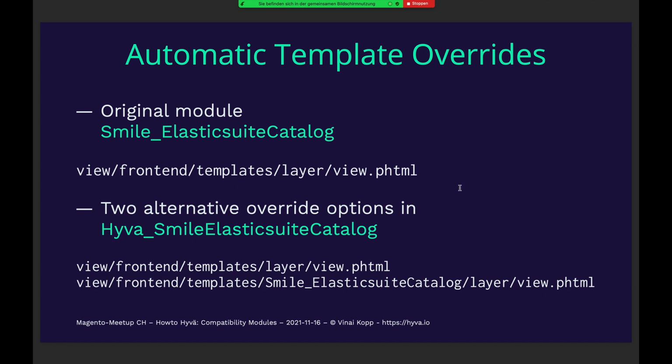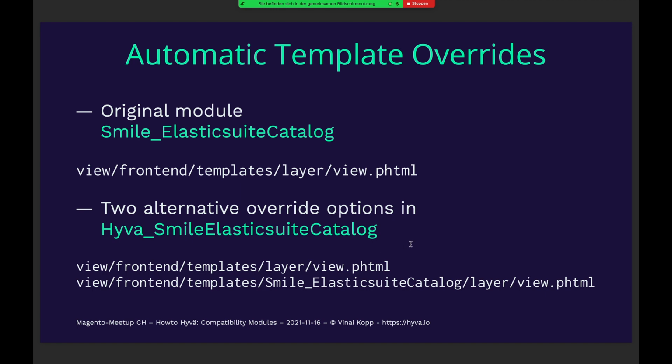So if I want to override this template file in a compat module, I might have my compat module here, and I now have two options where I want to place this file. All I have to do is create this file either in exactly the same location, so view front-end templates layer view, in the compat module, and it will be used automatically instead of the original module one.